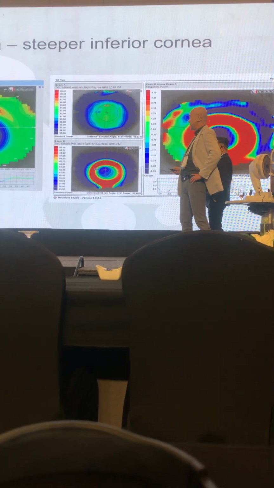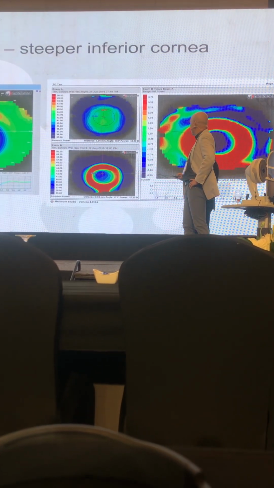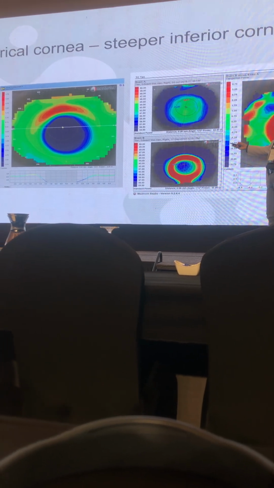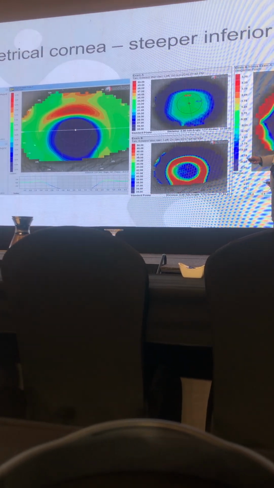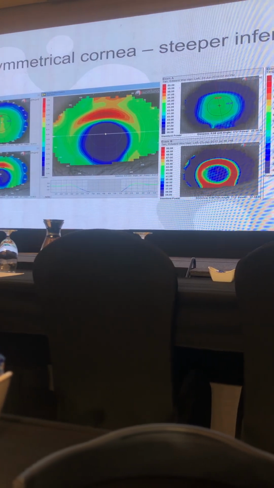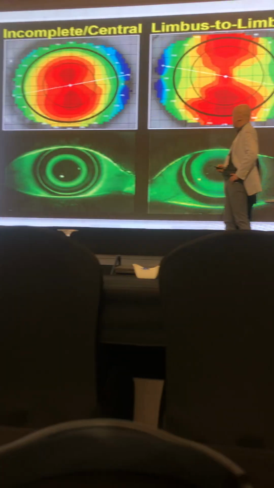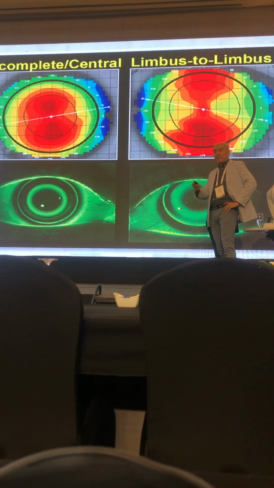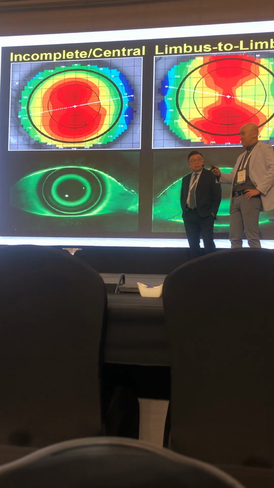A steeper inferior cornea also makes the lens ride low, slightly lower. This is another asymmetric cornea. Okay. Toric design. When do you use toric design? When the toricity is too high.